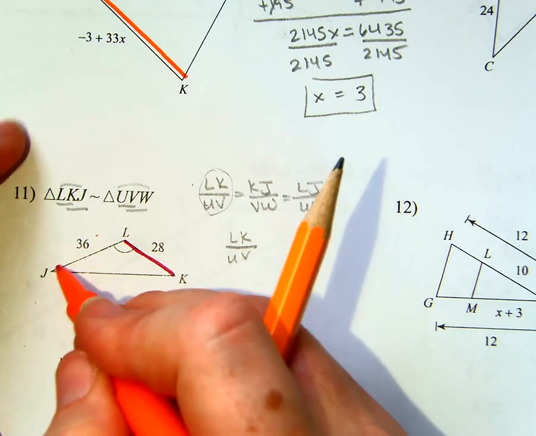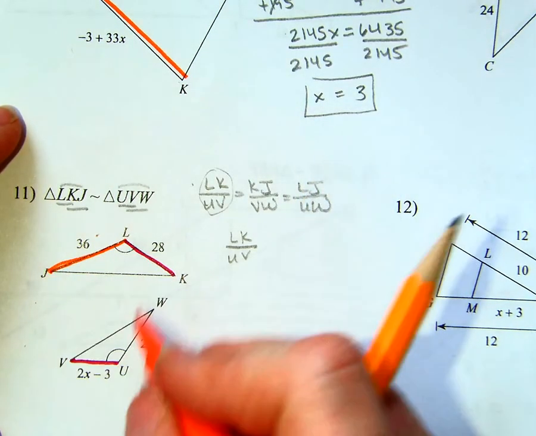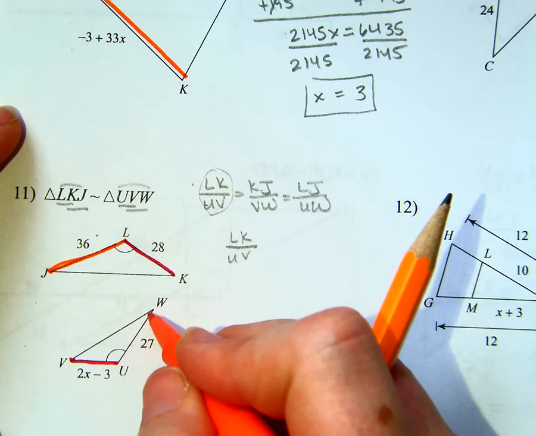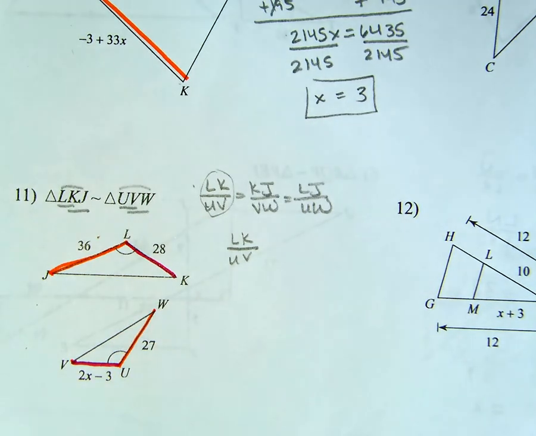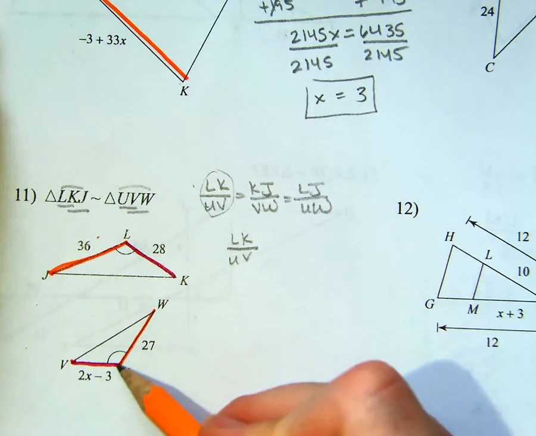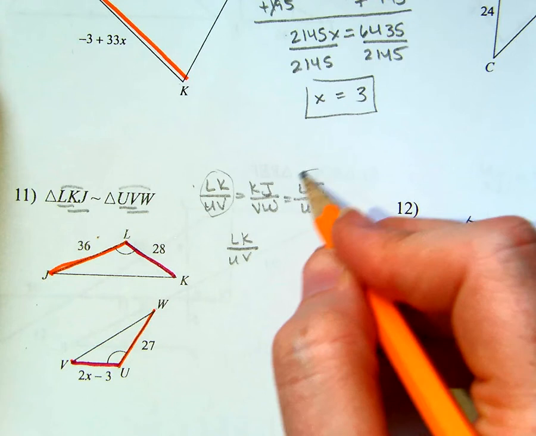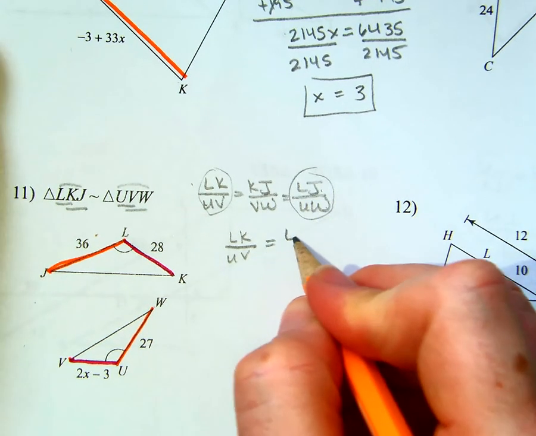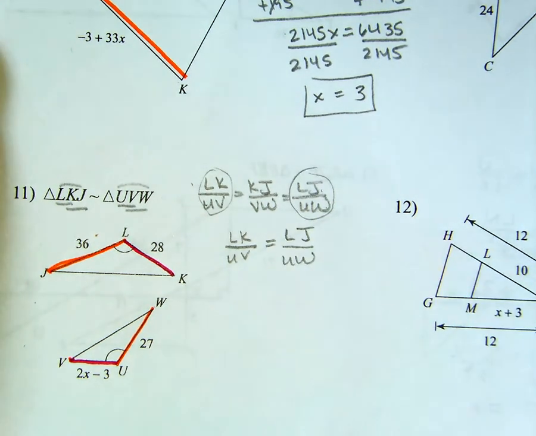And then I need LJ and UW. So it looks like this one right here. All right, once I've got my proportional relationship, I can find my sides.